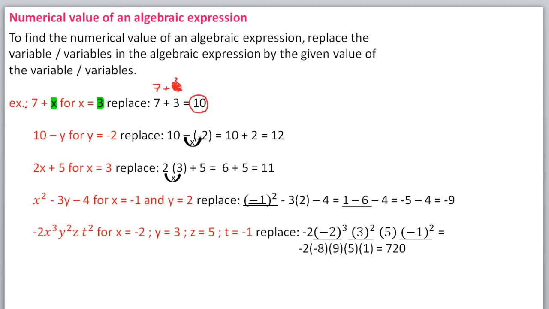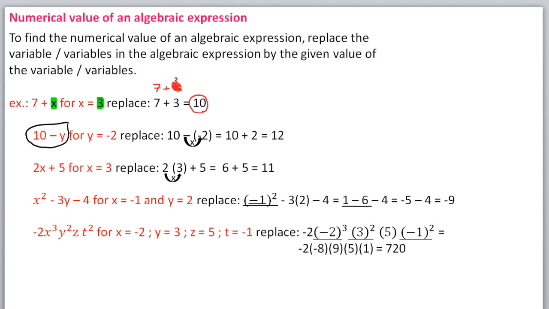Okay, another example. 7 minus y. This is an expression. 7 minus y, for y equal negative 2. So what does this mean? What you need to do here is to replace y by negative 2.